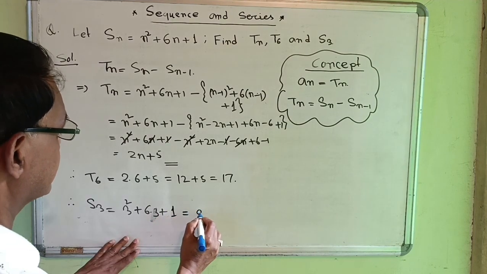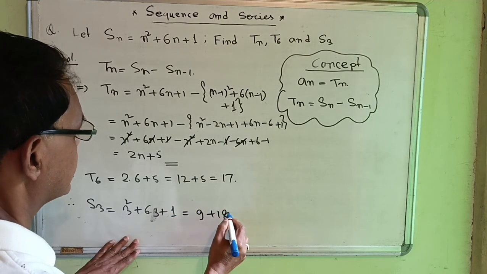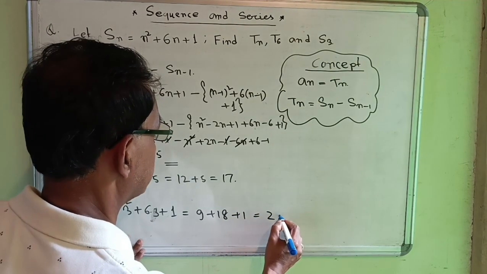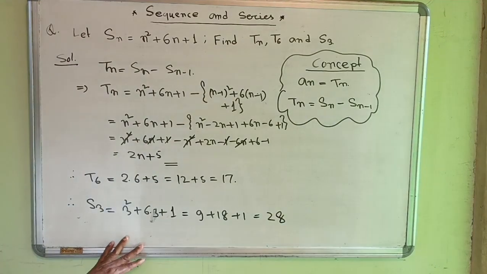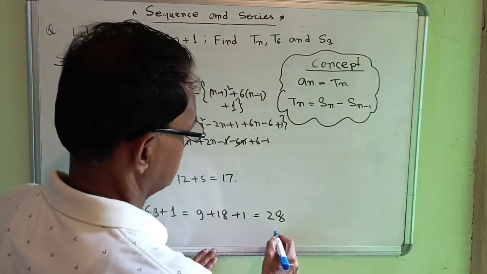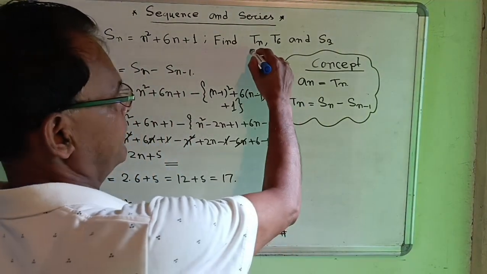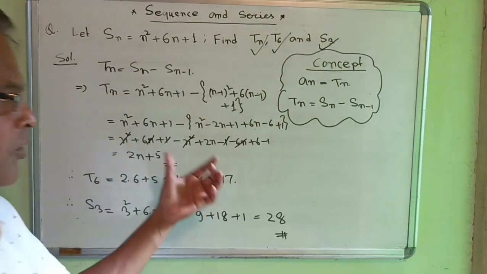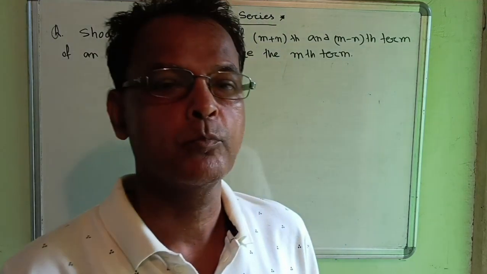This implies 9 plus 18 plus 1. This is equal to 28. That is the solution of the problem. So we have found Tn, T6 and S3. That is the concept for using another types of questions.